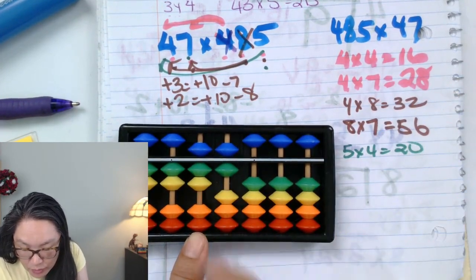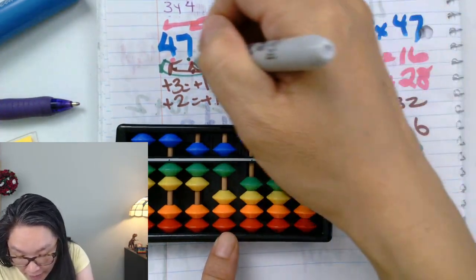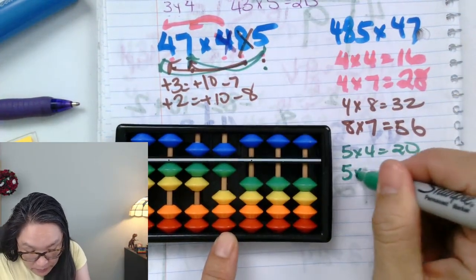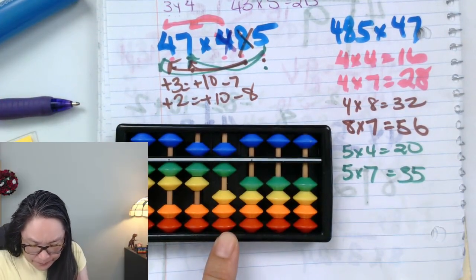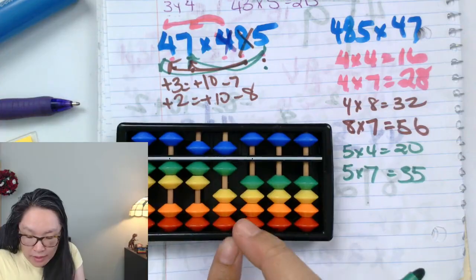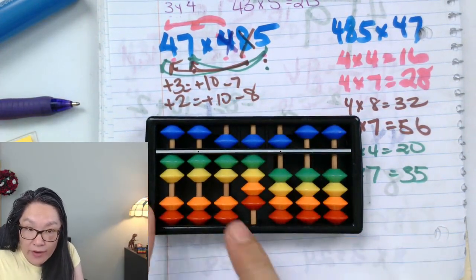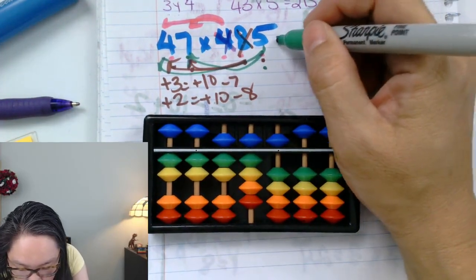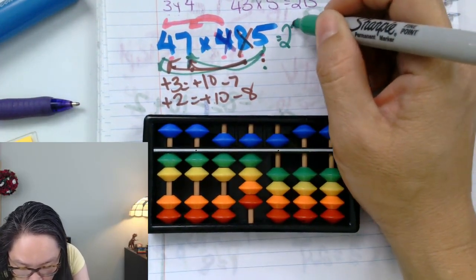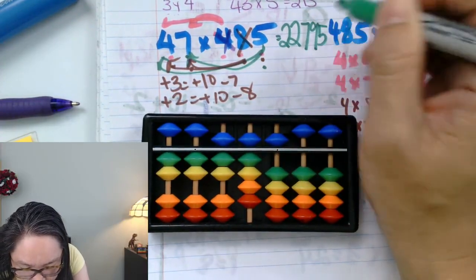Add my 2, add my 0. 5 times 7 is equal to 35. Add 5, add 3, add the 5. So my final answer, what's my final answer? My final answer is 2, 2, 7, 9, 5. 1, 2, 3.